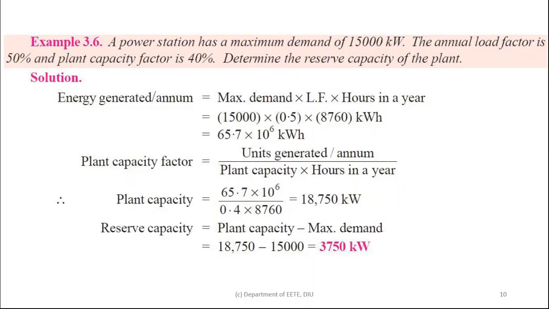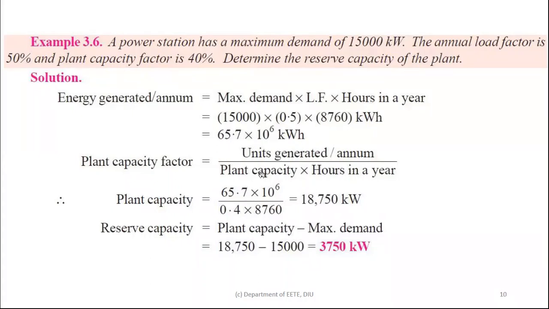As I said, the reserve capacity is the plant capacity minus maximum demand. The maximum demand is given, so we need to find out the plant capacity, that is, the plant capacity factor.